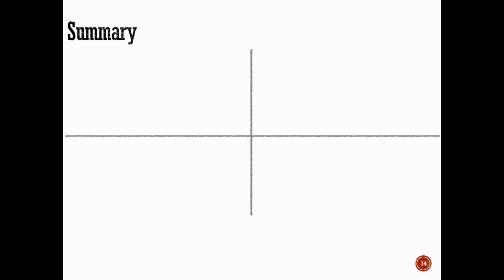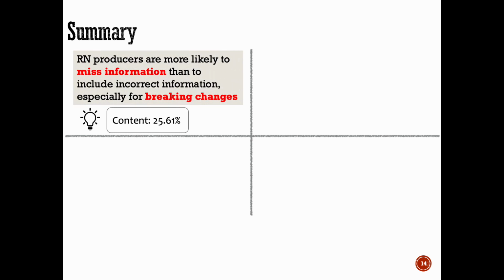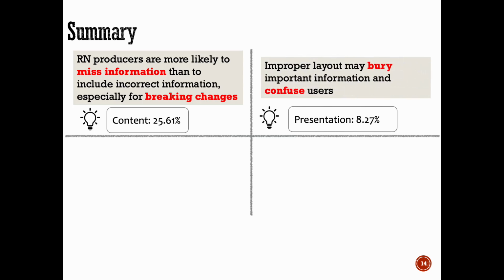In this study, we analyzed the latest GitHub issues about release notes and built a taxonomy consisting of 4 dimensions. We found, number 1, release note producers are more likely to miss information than to include incorrect information, especially for breaking changes. Number 2, improper layout will bury important information and confuse users.